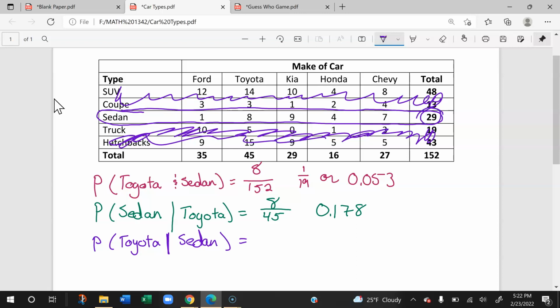So now my denominator becomes 29 instead of 45. My numerator is still 8, but my denominator has changed because I know something different about the object. So I get 0.276. Notice changing the order changes that denominator. Whatever is given, whatever we know about the object, is on my denominator.